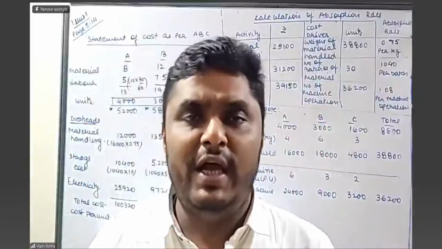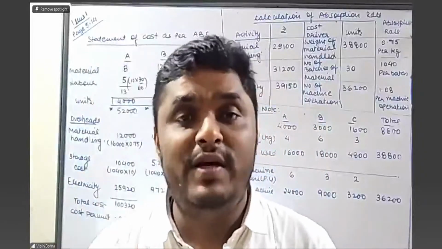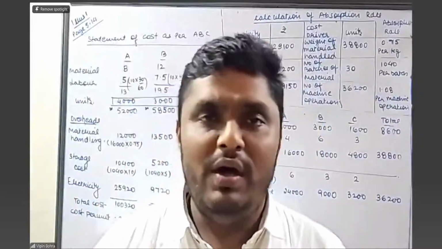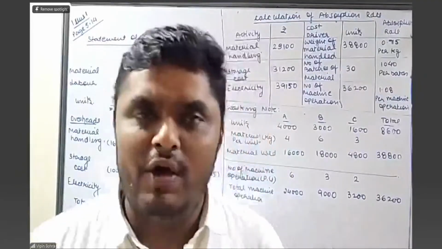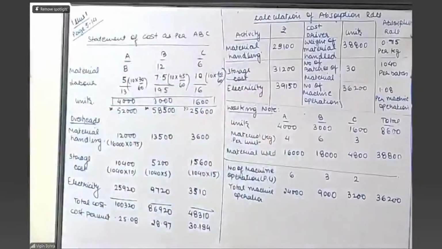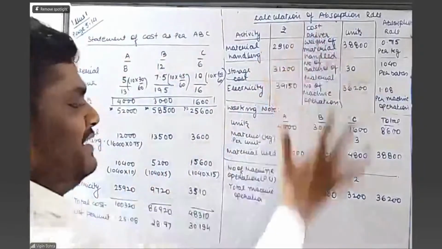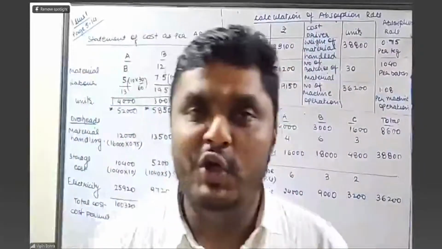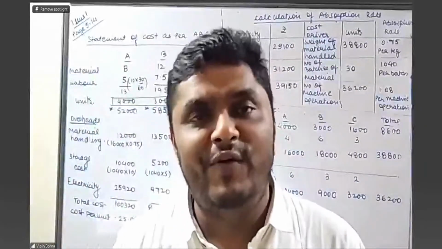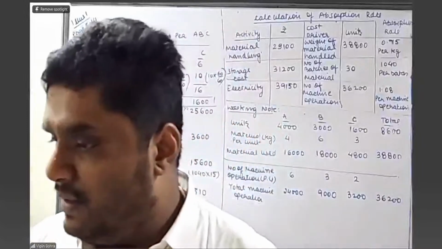Guys, don't feel shy. Whatever is running in your mind, it's the first question, so it will take time to understand the concepts. See, the chapter is very simple. Absorption rate, statement of cost. I assure you, in the second question, you'll be more comfortable solving the question.